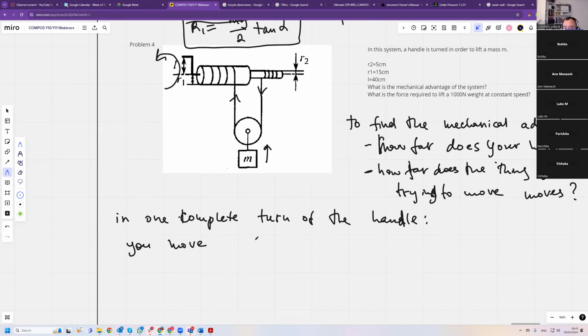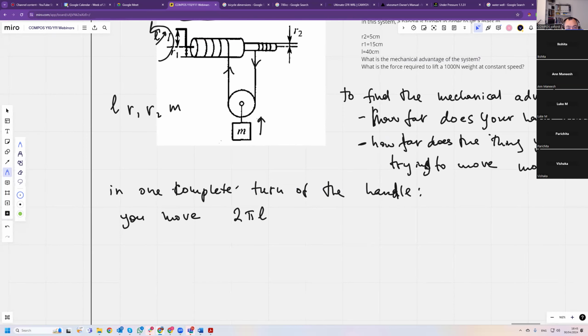Can you give me a formula in terms of L, R1, R2, M? Two pi L. Yeah, well done. You move 2 pi L because that's the radius of the circle of the handle. Right. So this is L. 2 pi L.